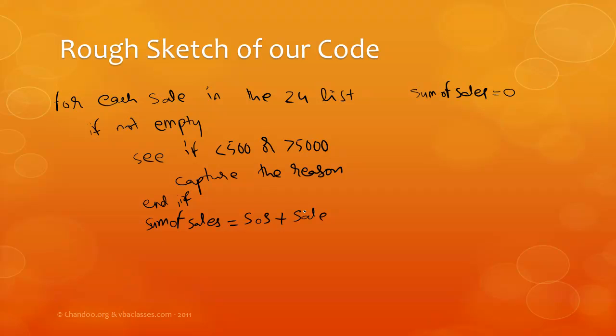Second time, it's going to increment by the second store's value, like that. It will go on and this value will be incremented. So at the end of this whole process of 24, I could just print this sum of sales as the summary. We'll just skip the other parts because those will be done as part of VBA. Then end if, next, right?